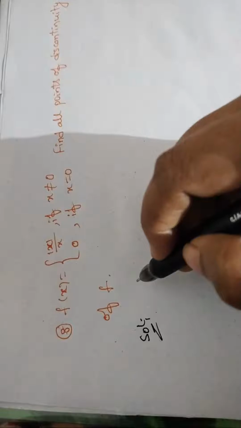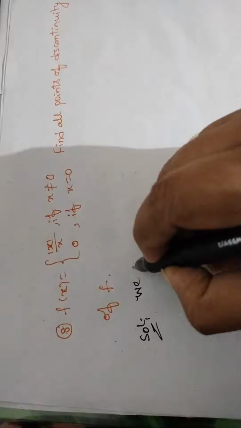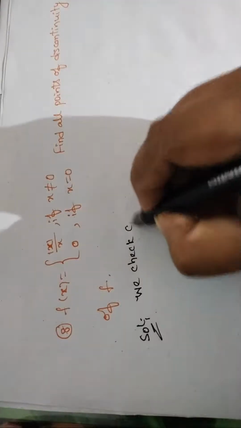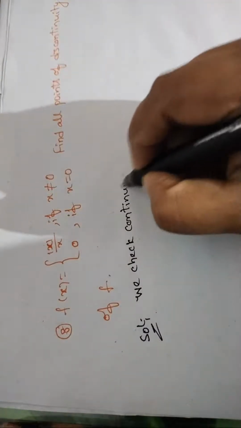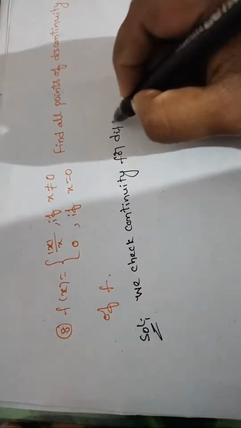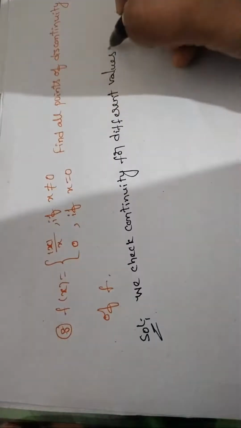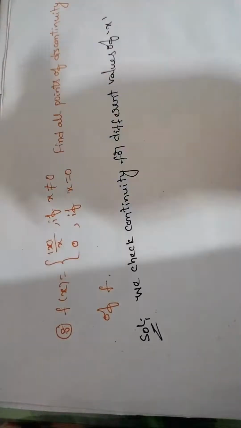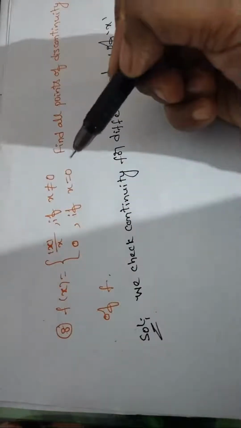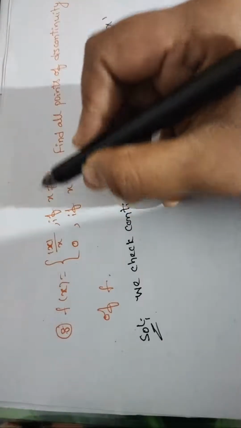We check continuity for different values of x. Here they gave x not equal to 0, and one more is x equal to 0. x not equal to 0 means either less or greater.